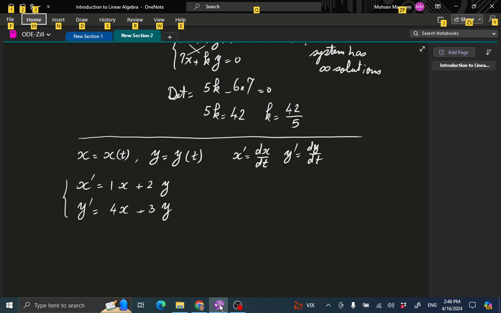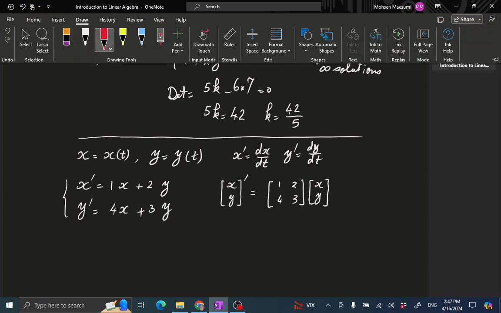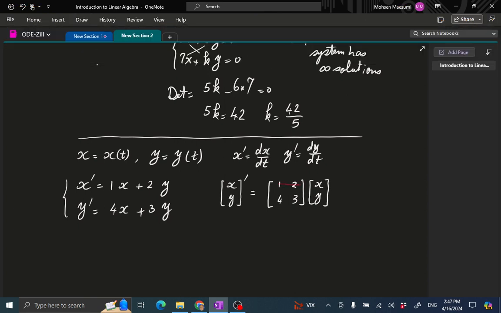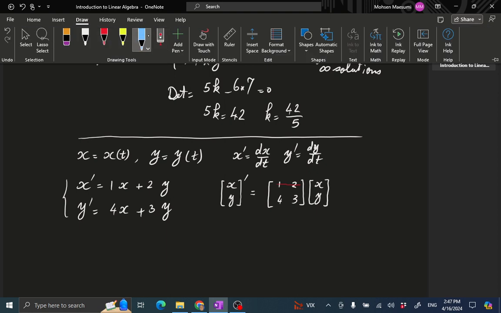Now, x prime, y prime, we can compress it into a vector and then put the prime outside, meaning a prime of a vector means prime of each of the components of it. 1, 2, 3, 4, we can put them into a matrix. 4, 3, I wrote it like this, times x, y. You remember how we did the multiplication. We take a row and then we take a column.